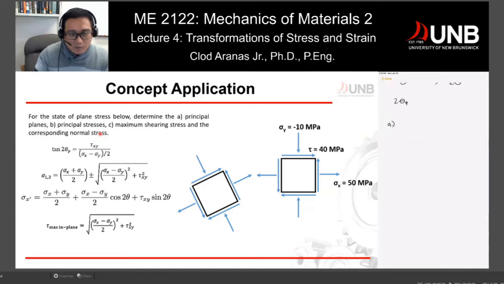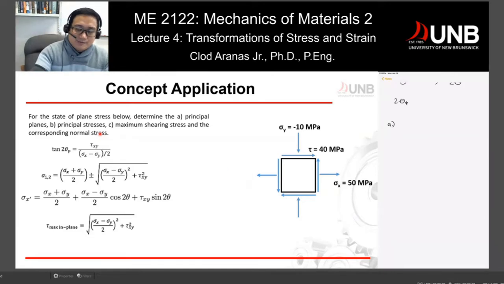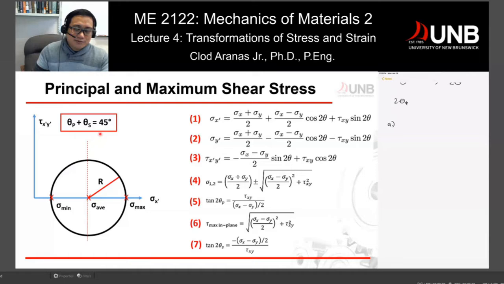The question is how much rotation I would need. Of course, it's super easy. You can go back to this one and you will find that I need to rotate it by theta sub p in order to get my principal stresses. I know my tau xy, my sigma x, and my sigma y. I have this equation, so I can calculate an angle. It's super easy.